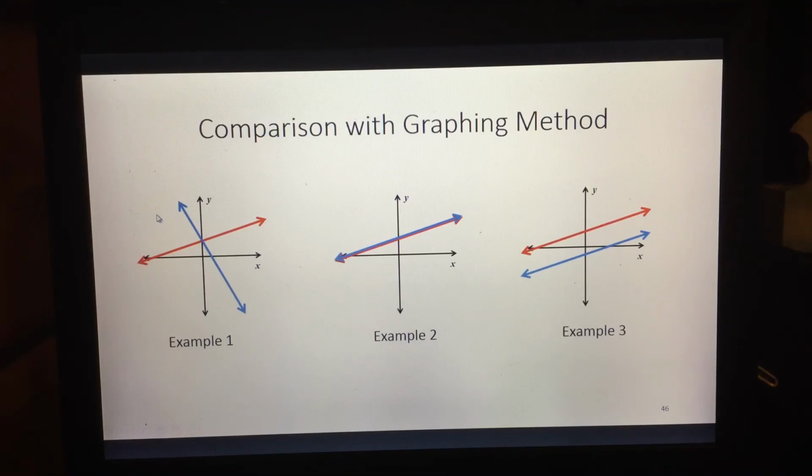They cross, and so the solution is 0, 2. In the second example, remember that my second equation was the same in all 3 examples. The 2 lines were actually the same line, and that's why we got infinite solutions. And in the third example, the two lines were actually parallel lines, and that's why we got no solution.